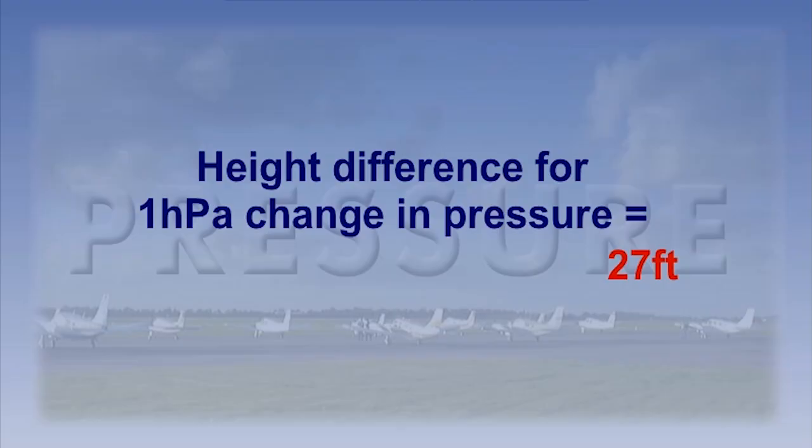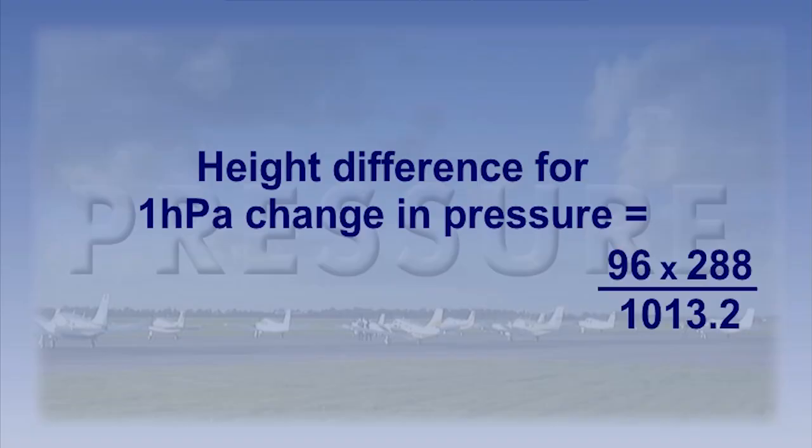Let's now observe the result if the temperature is changed. Remember that if we cool air down, the isobaric surfaces or pressure levels compact. Therefore, a change in 1 hectopascal will represent a smaller height difference.